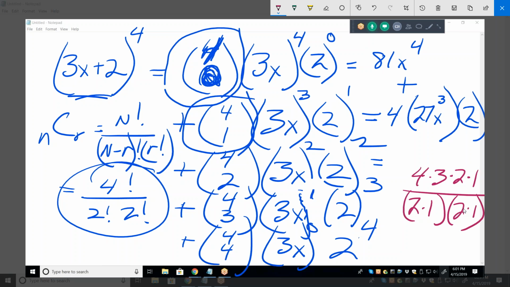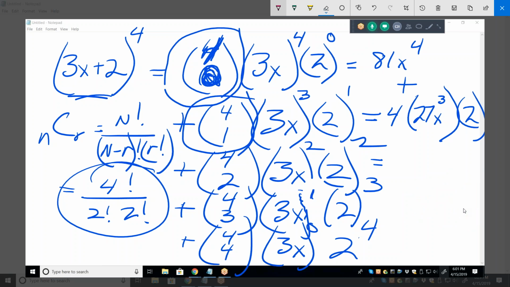There's 4 factorial in the numerator and 2 factorial twice in the denominator. One of these takes out that, so what I'm left with is 12 divided by 2. So that is 6.